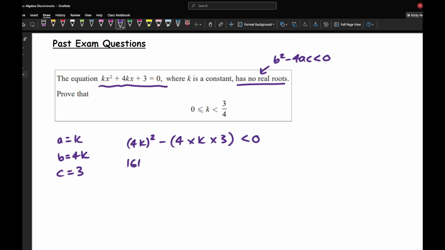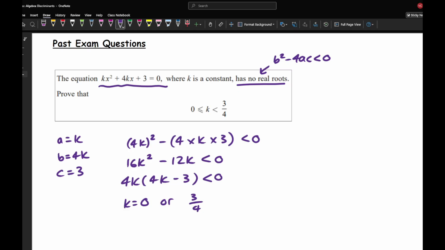So here we end up with 16k squared minus 12k is less than 0. Then we can factorize this with respect to 4k. So we end up with 4k times 4k minus 3 is less than 0. So then k equals 0, and it's going to be 3 over 4.